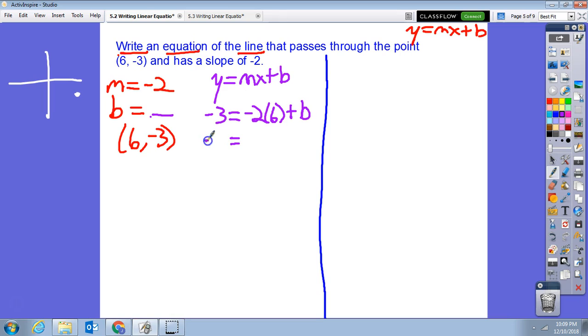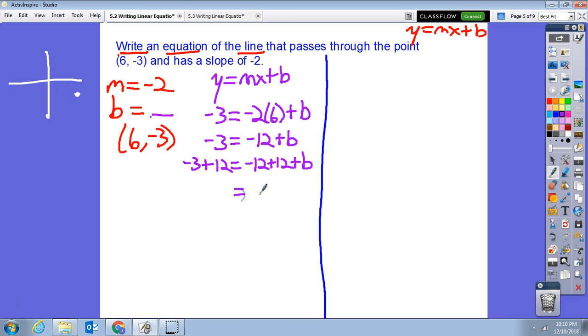So what is -2 times 6? It's -12. So I have -12 plus b is equal to -3. How do I get b by itself to find what b is? I add 12 to both sides.